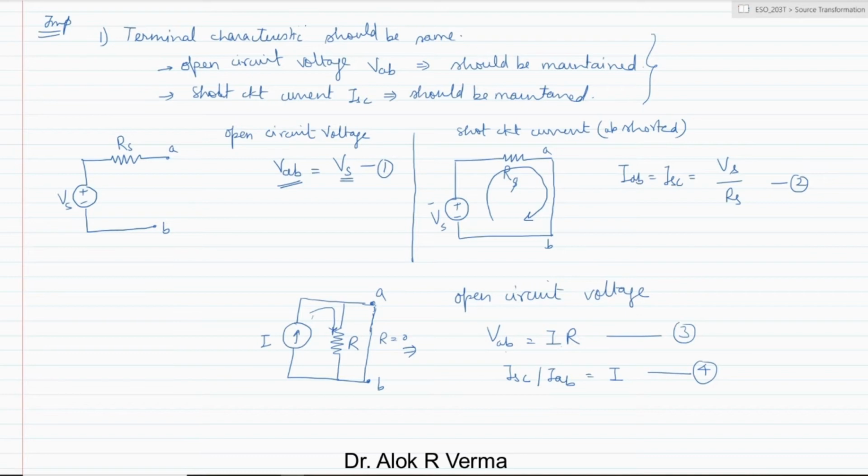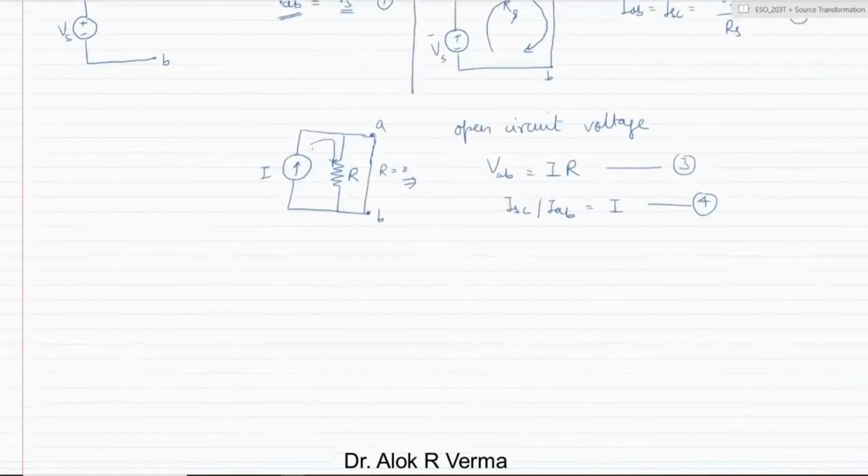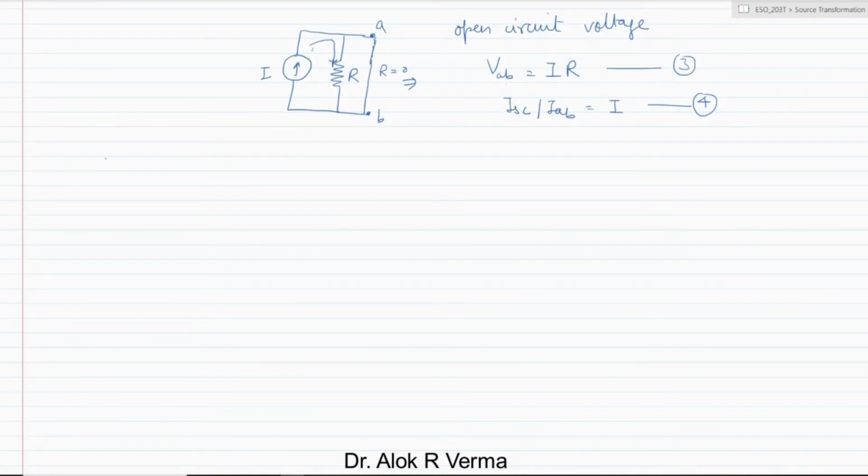So now let us equate and find the voltage. Vs is equivalent to I into R for transformation, right? And ISC or IAB is nothing but Vs by R, or I. So these two should be the same.